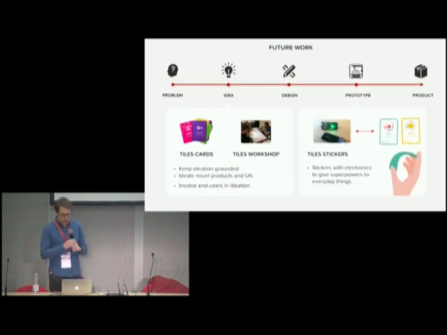So finally, a couple of words on what we're doing now. Our goal is to move from the problem to a product or prototype. So we are extending this tool with a physical prototyping toolkit that makes use of stickers and some code.